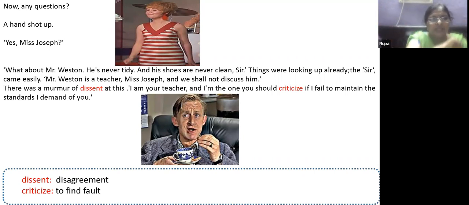Now when it came to Miss Joseph, you can see there's no pause, there's no mention that the word sir was used with a pause or a delay. Nothing. It came with a flow. What about Mr. Weston? He's never tidy and his shoes are never neat, clean, sir. So it came in a flow. The whole class has turned. The change is very clearly visible.